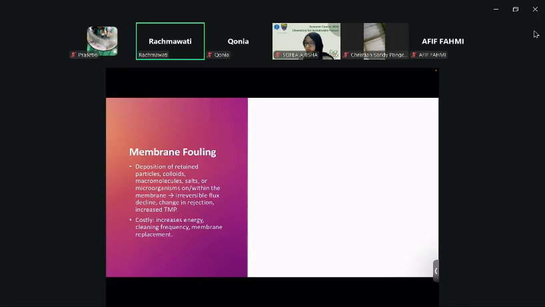And it's actually very costly. TMP is transmembrane pressure. It's very costly because it increases energy, like you need to apply more pressure, you need to have a cleaning process frequently, you might also need to change the membrane frequently.